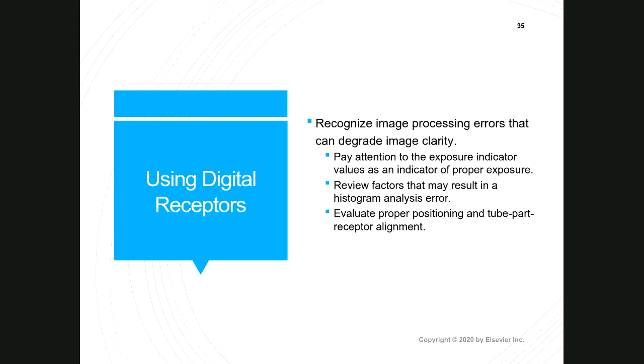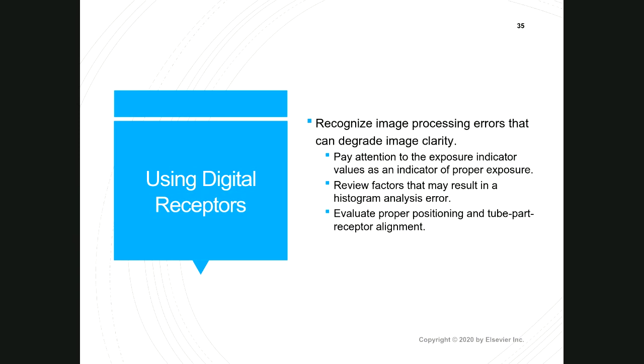The image processing errors that degrade our image clarity, things that can take away from that spatial resolution or the sharpness, you have to pay attention to your EI values as an indicator of proper exposure. Like, you really want to attempt to go green. You also want to look at any factors that can result in throwing a histogram analysis error.